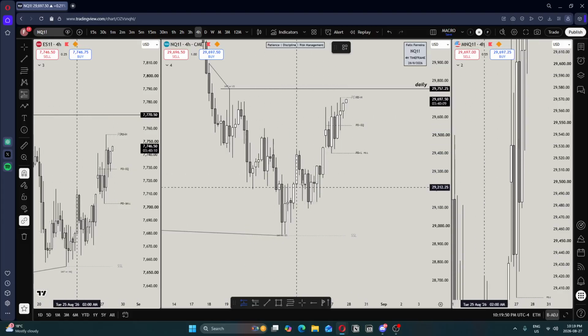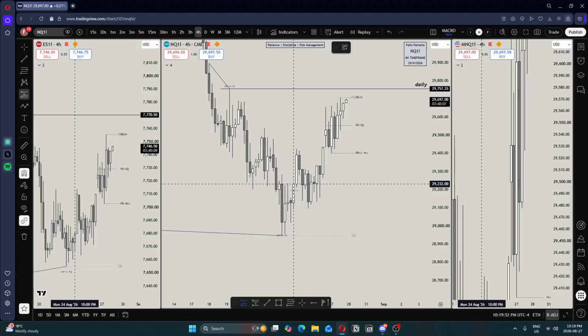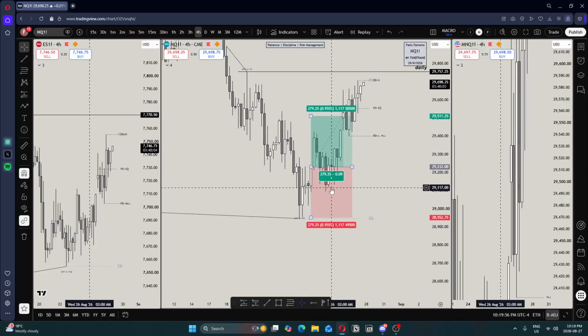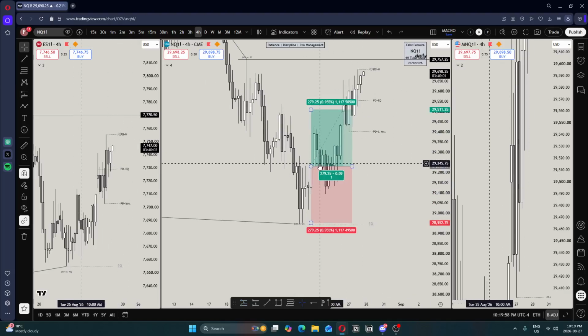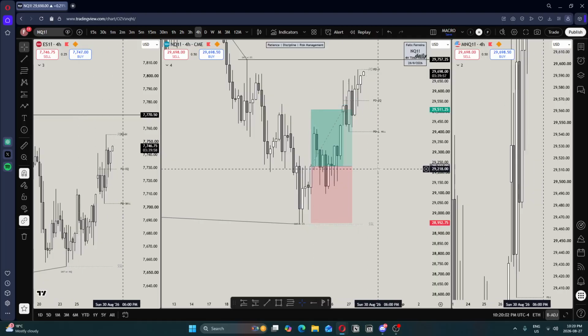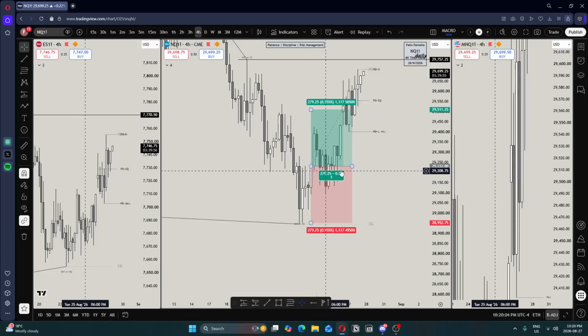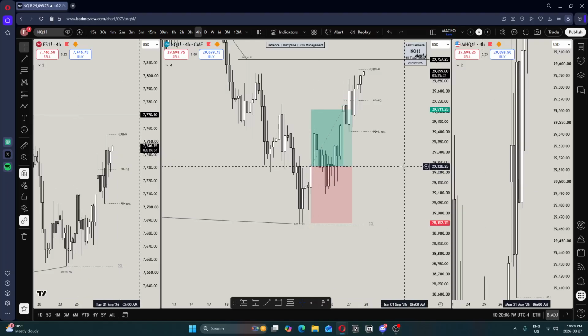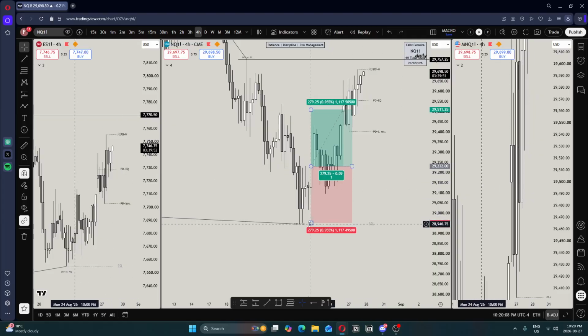Okay, it's completely random. No actual strategy or thought process behind this, just for the sake of an example. Let's say you want to buy market here. Off the closure of this candle, you want to enter a long position.